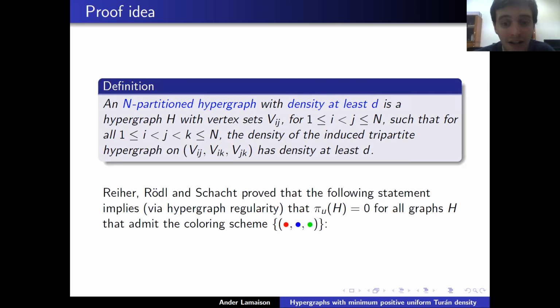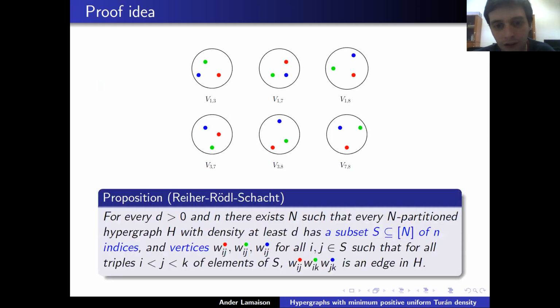And then Reiher, Rödl and Schacht were the first ones to use these partitioned hypergraphs in uniform Turán, and they proved that their characterization of vanishable hypergraphs was equivalent to the following property of n-partitioned hypergraphs.